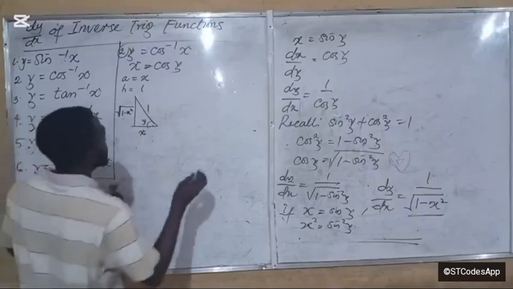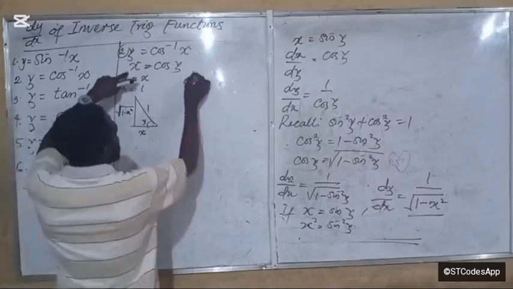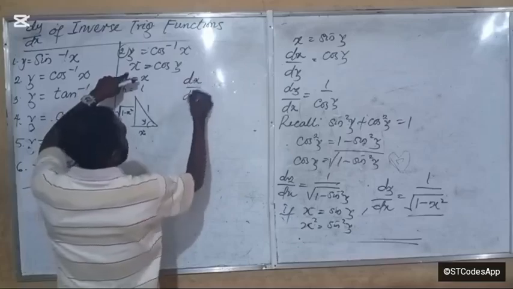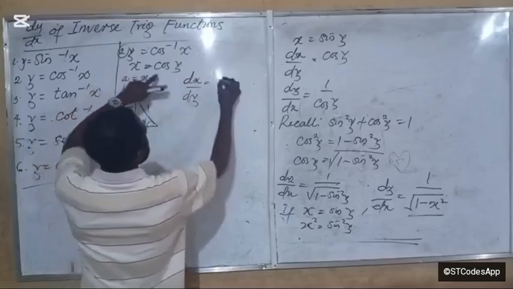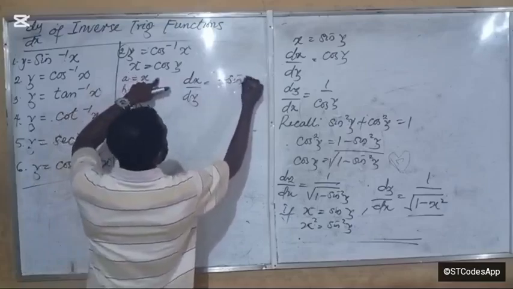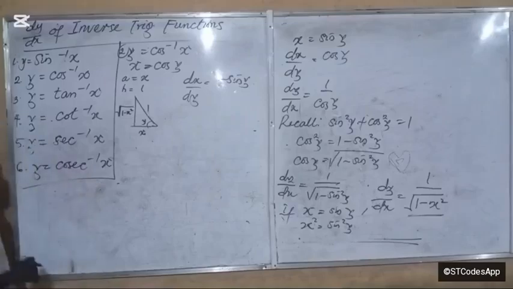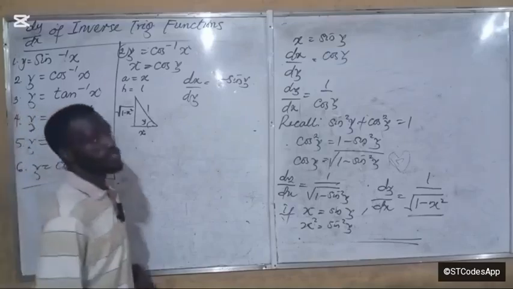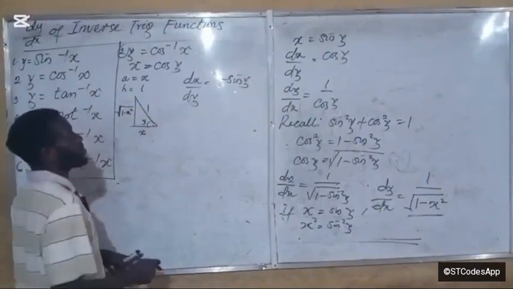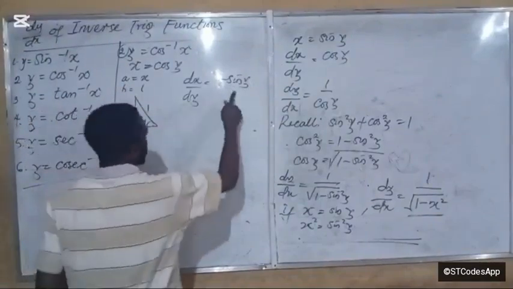Okay, so if that be the case, we can differentiate from here that dx/dy will be equal to what? Negative sine y. Remember that the derivative of sine x is cos x, exactly, and the derivative of cos x is minus sine x.